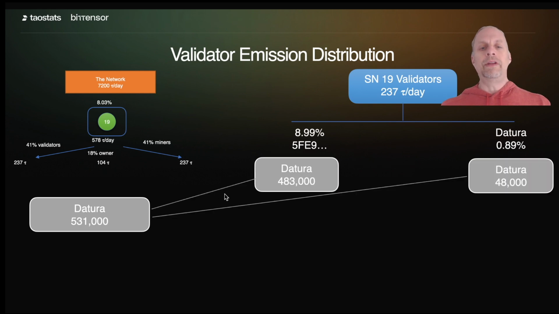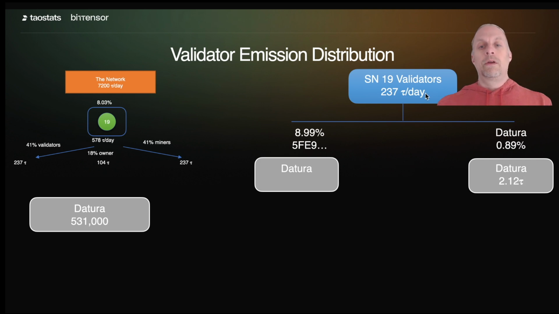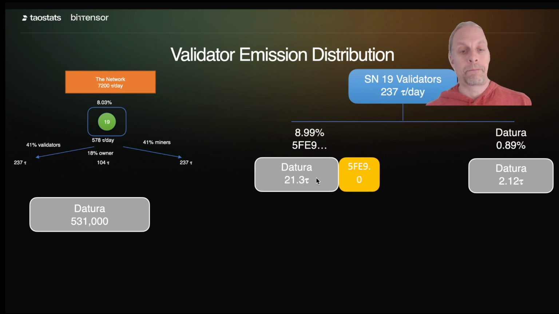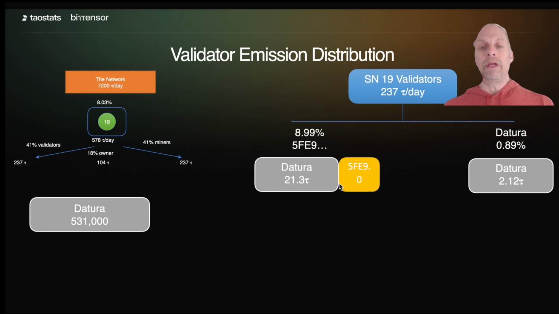In subnet 19, they're putting 91% of that to this child hotkey, and they're keeping 48,000 on their own hotkey. If we look at 8.99% times 237, that's 21.3 tau. And over here, we have to split up this 8.99 between Datura and this 5FE9 that has 0 stake. So 100% of it goes to Datura. That means it is 21.3 and 0.